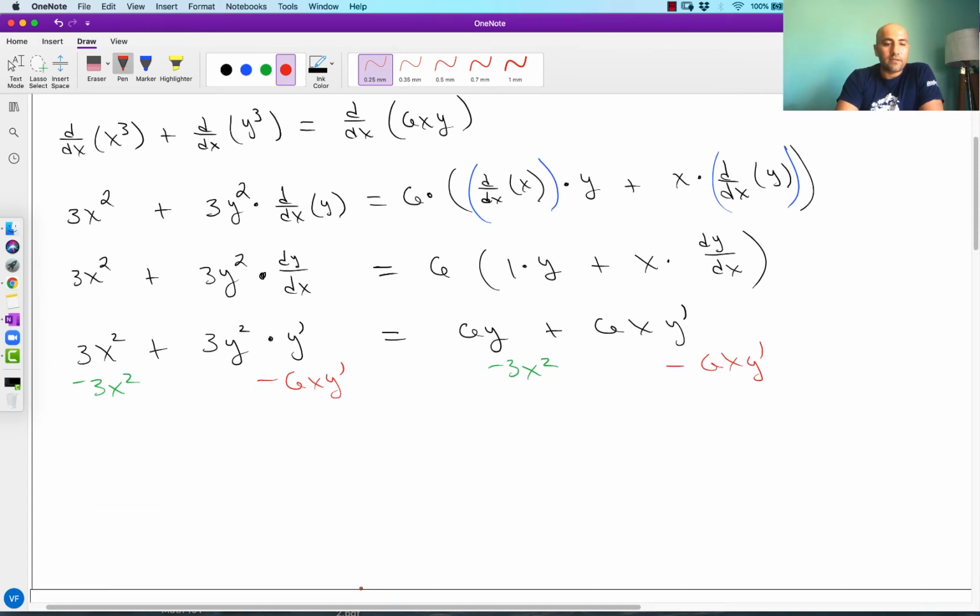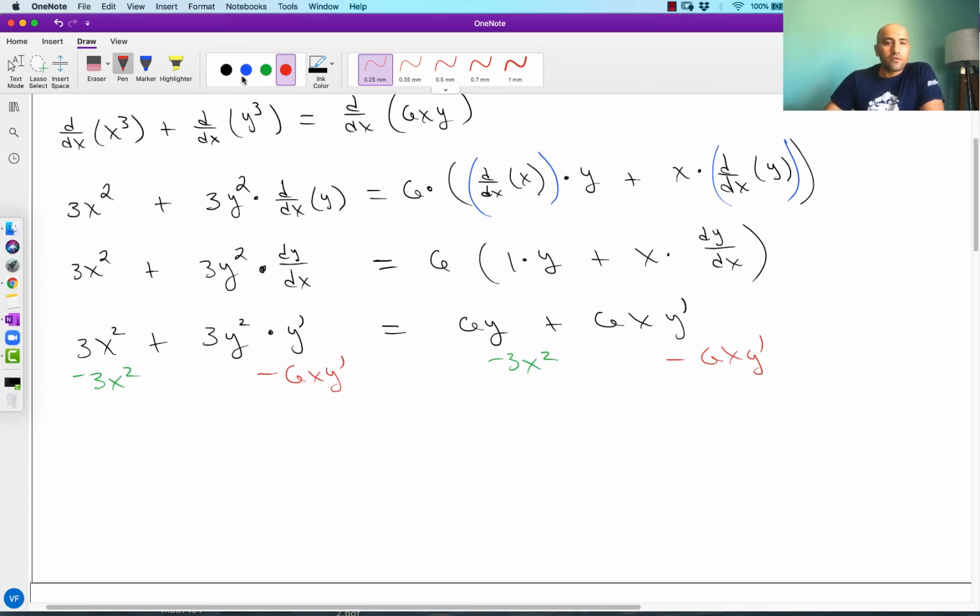Okay, so let's copy that. On the left side, these guys will cancel, leaving me just 3y squared y prime minus 6xy prime is equal to 6y minus 3x squared, and then those guys cancel.